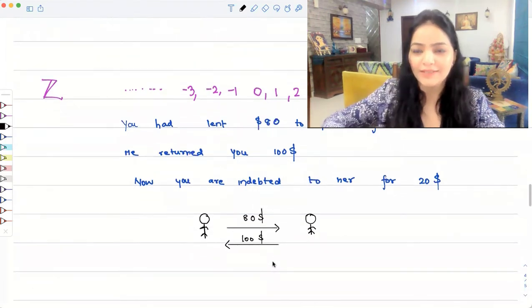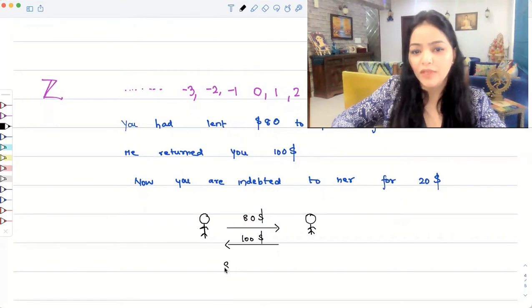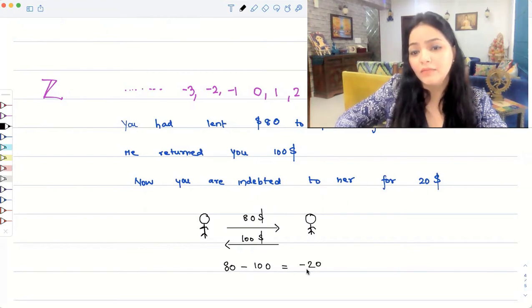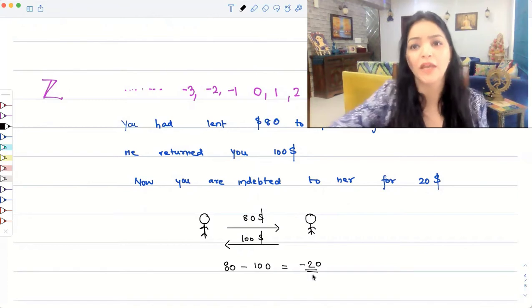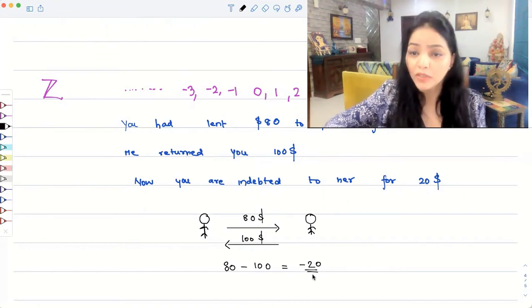So keeping that in your mind, what has happened? You gave her 80 and she has given you 100. So you are indebted by $20, which is the idea of negative numbers, a deficit. That's why negative numbers are important.